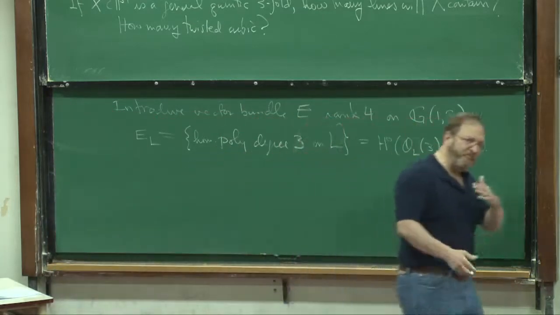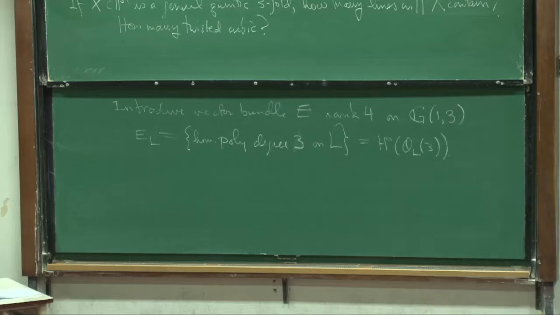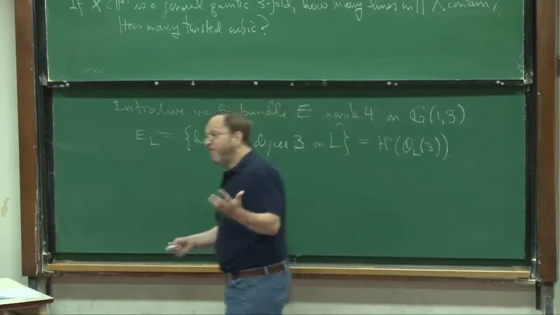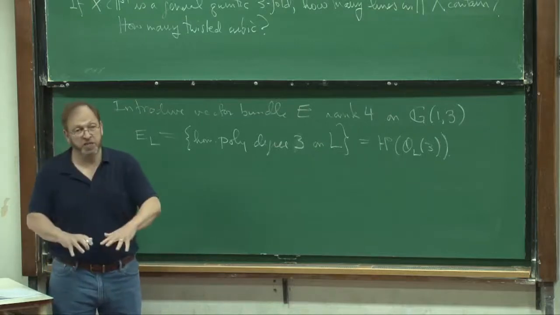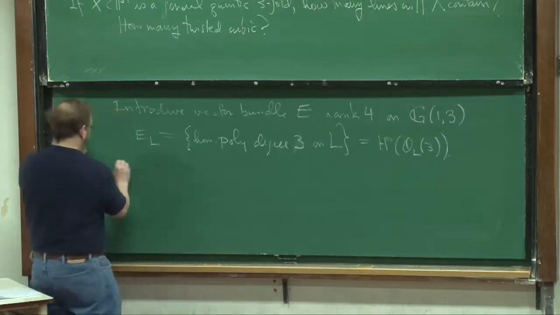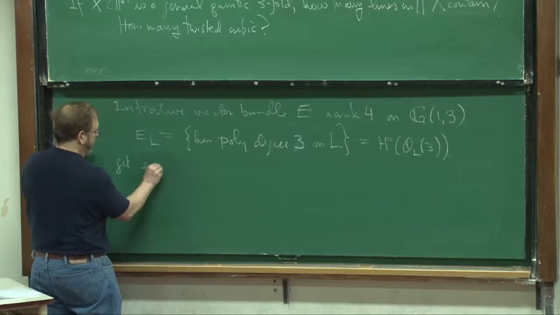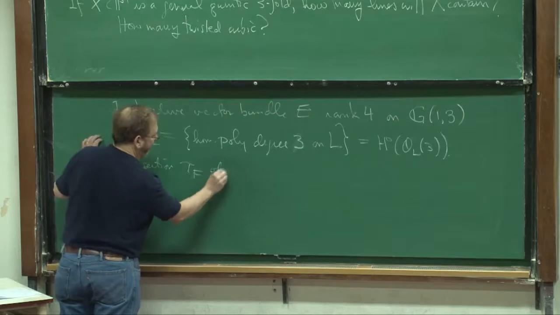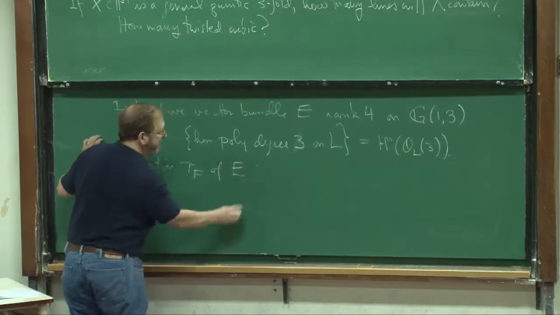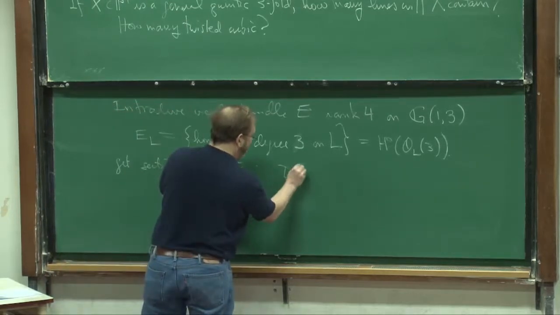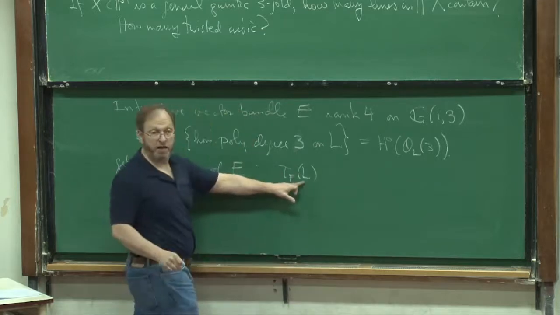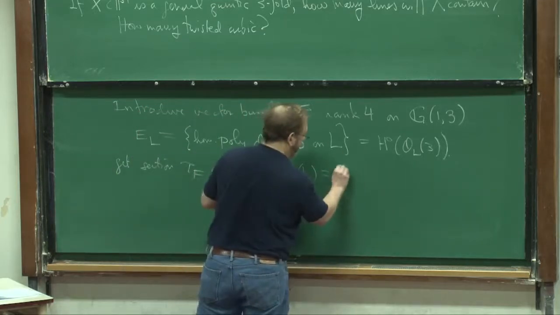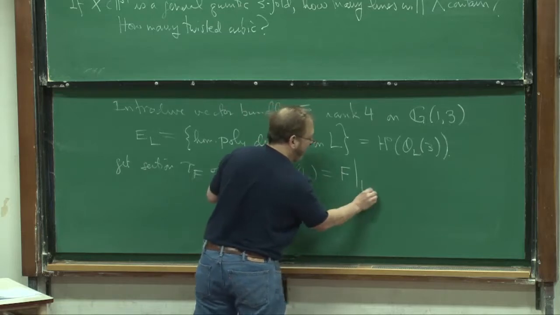So this gives us a family of vector spaces parameterized by the Grassmannian of lines. For every line, we get a vector space. And these vector spaces fit together to form a vector bundle over the Grassmannian. And finally, we get a global section, which I'll call tau f, of this bundle E by setting its value at a given point L in the Grassmannian equal to nothing more or less than the restriction of f to that line.